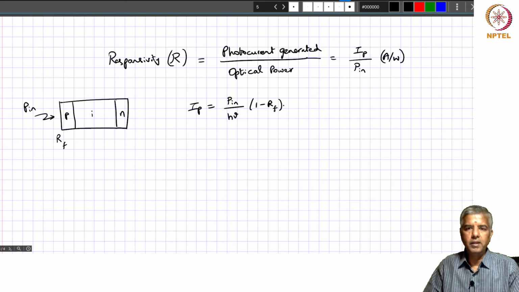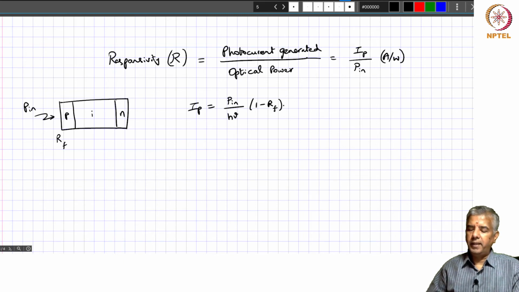RF is a fraction between 0 and 1, and 1 minus RF is the fraction of light that actually enters the structure. And then it gets absorbed and converted into an electron-hole pair.